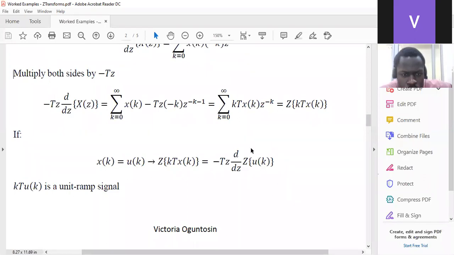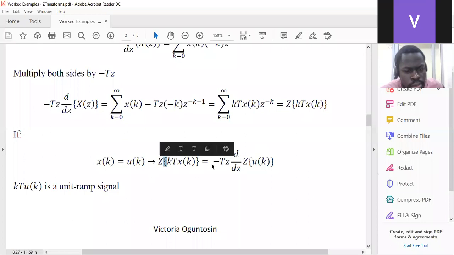So this might be a little bit confusing at first, but when you go over it, just try to go over it again after the lecture. So this is what we proved. So I'm just writing it again. So what this simply says is that the Z transform, so this is the unit ramp.